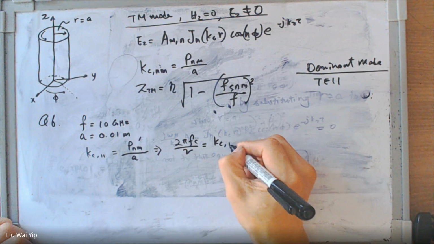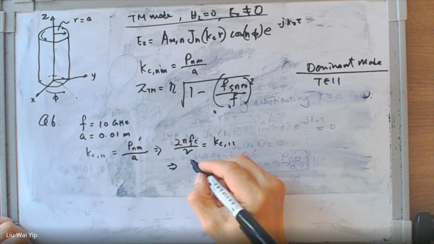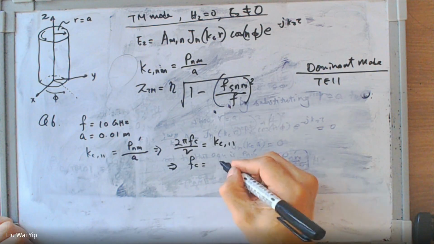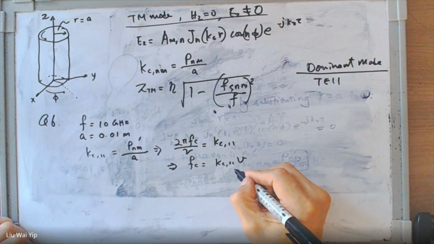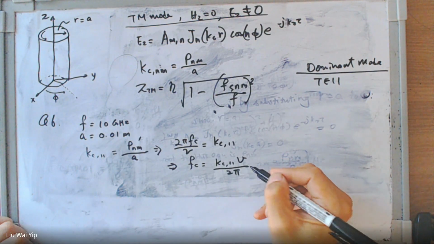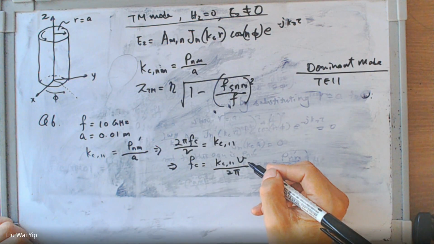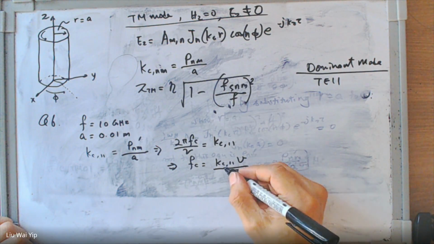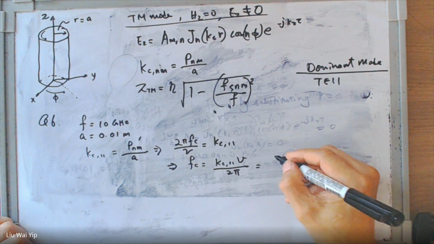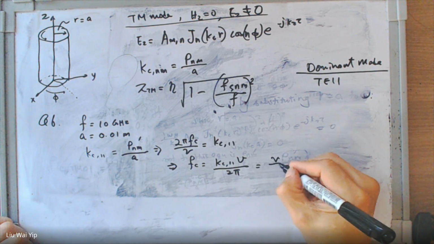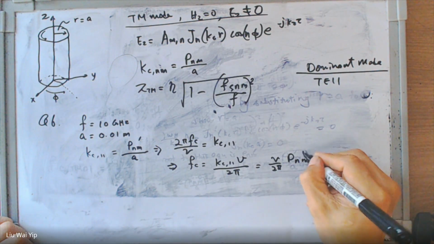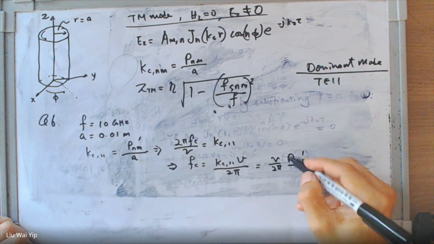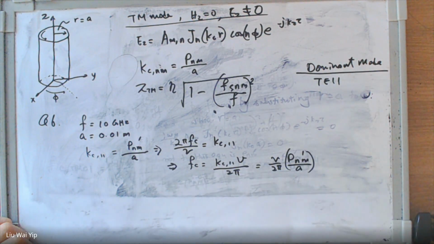If you do a little bit of rearrangement, fc is equal to v Kc over 2 pi, and according to here, this is all you need to do.